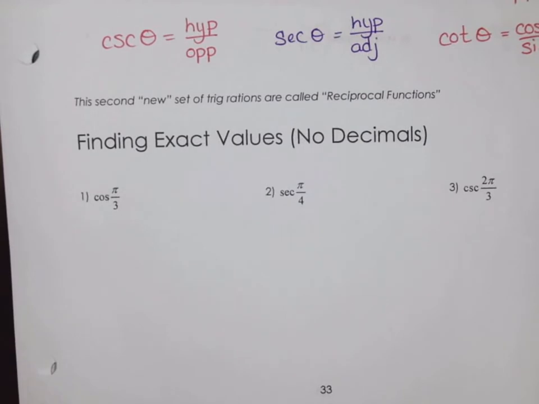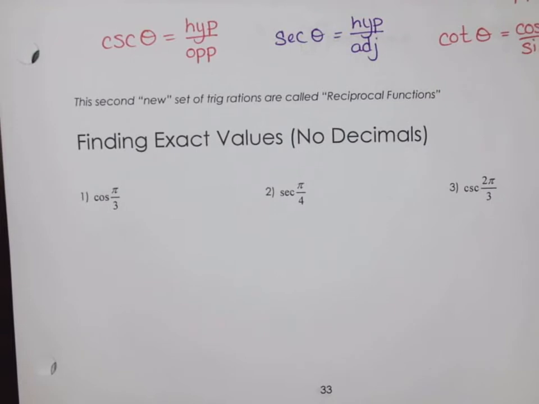Okay, so anytime I'm asking for exact values, you guys know that it's in terms of pi, it's a root, you never convert it to decimals, right? Because that's bad. So what's cosine of pi over 3? You got two options.